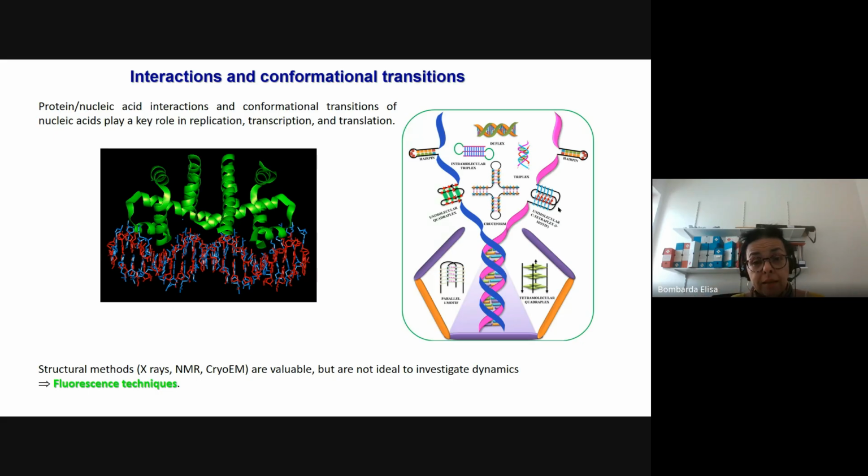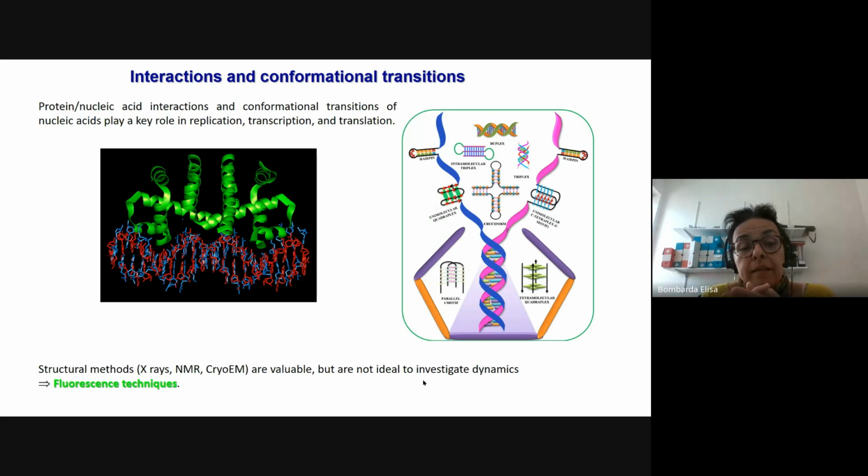The basis of this is to know them. Structural methods like X-ray, NMR, and cryo-electron microscopy are extremely important and provide valuable information, but they are not really ideal to investigate the dynamics. They give maybe a snapshot of a story, but it's difficult to follow the kinetics.